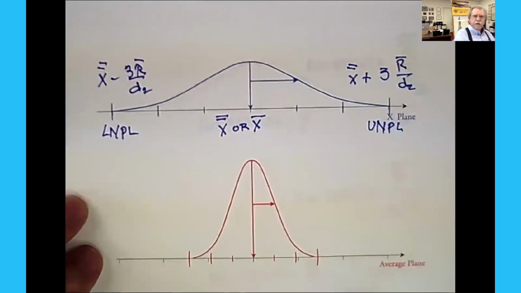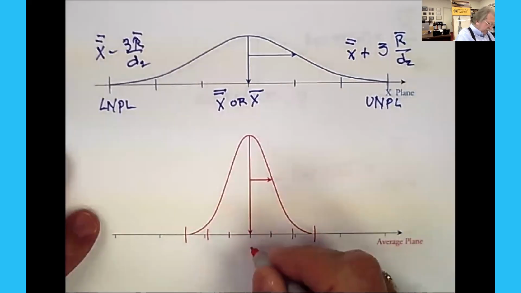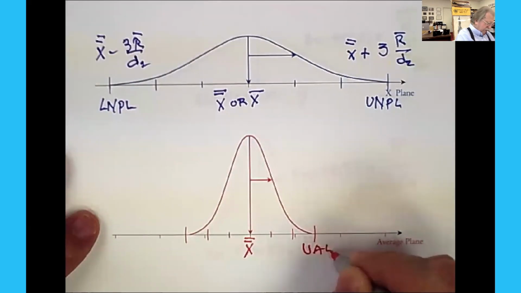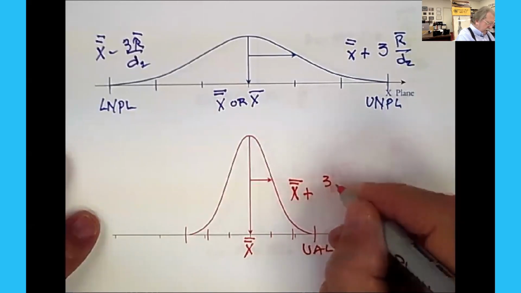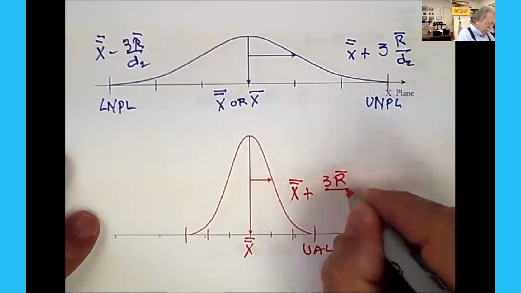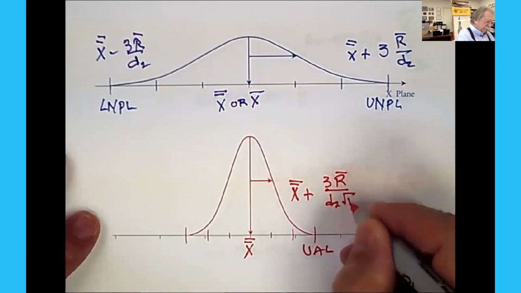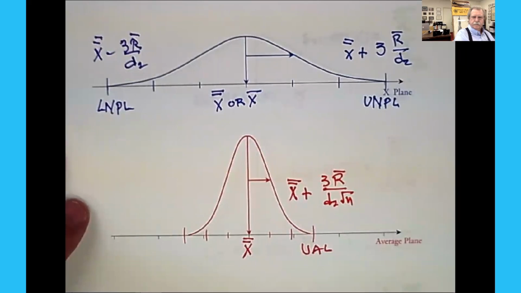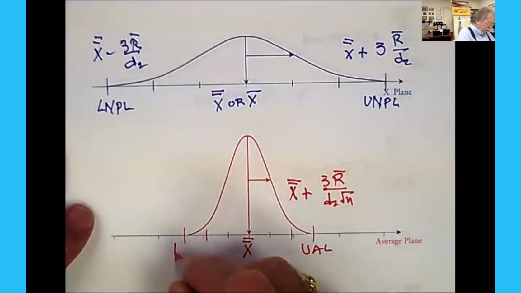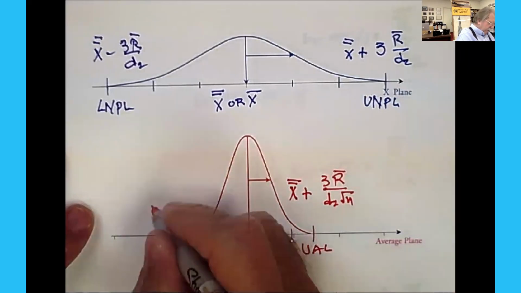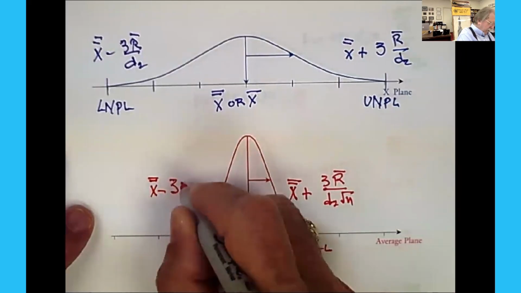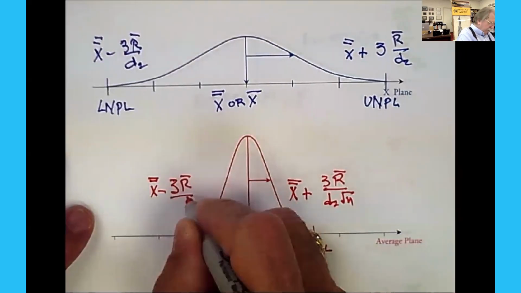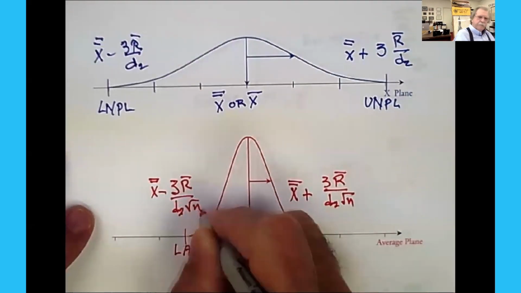For the averages, our central line is X double bar. The upper average limit would be X double bar plus 3 R bar divided by D2 square roots of n. And the lower average limit would be X double bar minus 3 R bar divided by D2 square roots of n.